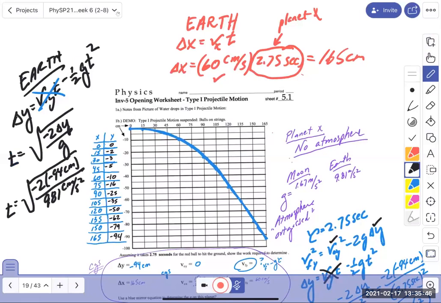And so when you do that, what do we get for time? I don't remember. Small number. It took 2.75 seconds on Planet X, but on Earth, the square root of 2 times 94 divided by 981 is 0.44 seconds. So we get only 0.44. So this is what you're used to, shooting a ball out of a little toy gun.